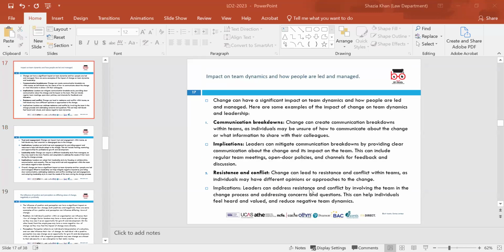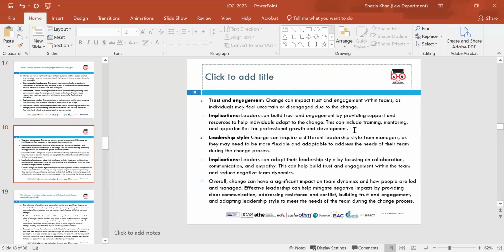Resistance and conflict: individuals can be resistant, they don't want change, and they have different opinions and approaches to the change. And the implications, leaders should address this conflict by involving the team in the change and making sure that they reduce any sort of negative team dynamics.